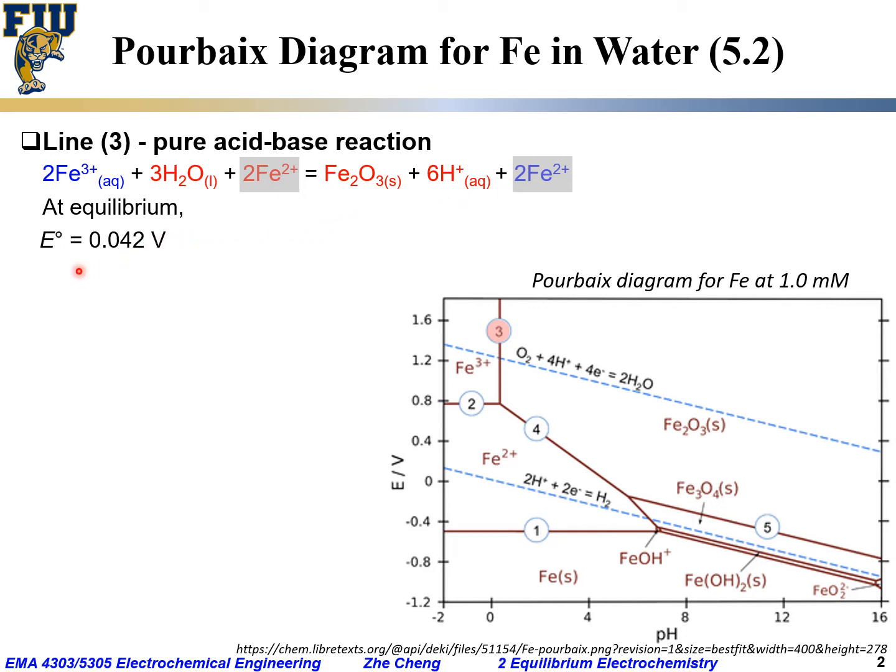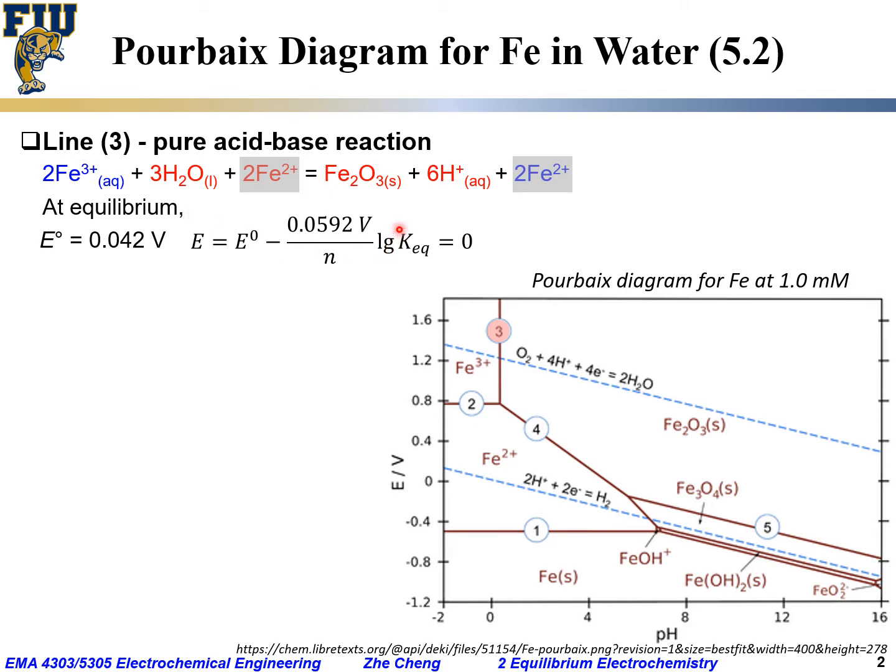We said at equilibrium, the standard cell potential would be 0.042 volt, and the Nernst equation gives us the cell potential would be standard cell potential minus, at 25 degrees C, 0.0592 volt divided by N, the number of electron transfer, times log of equilibrium constant. All this would equal 0 at equilibrium condition.